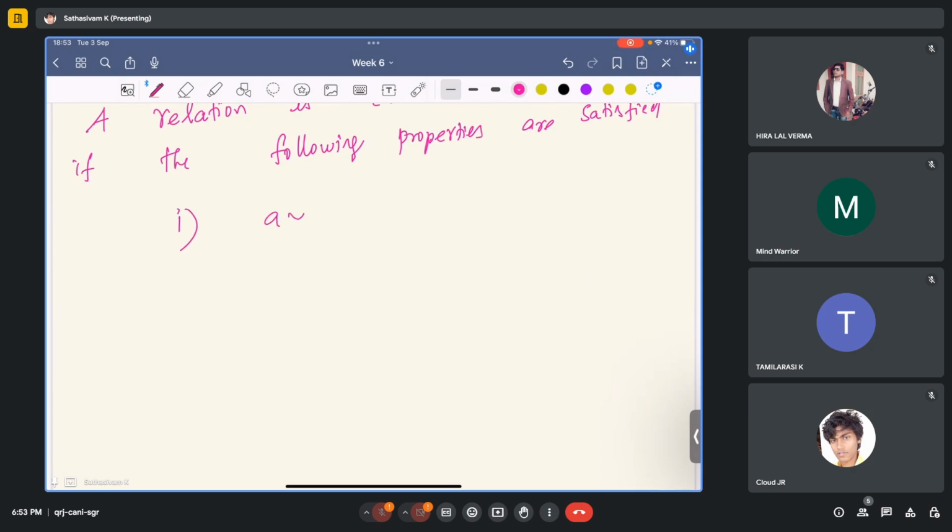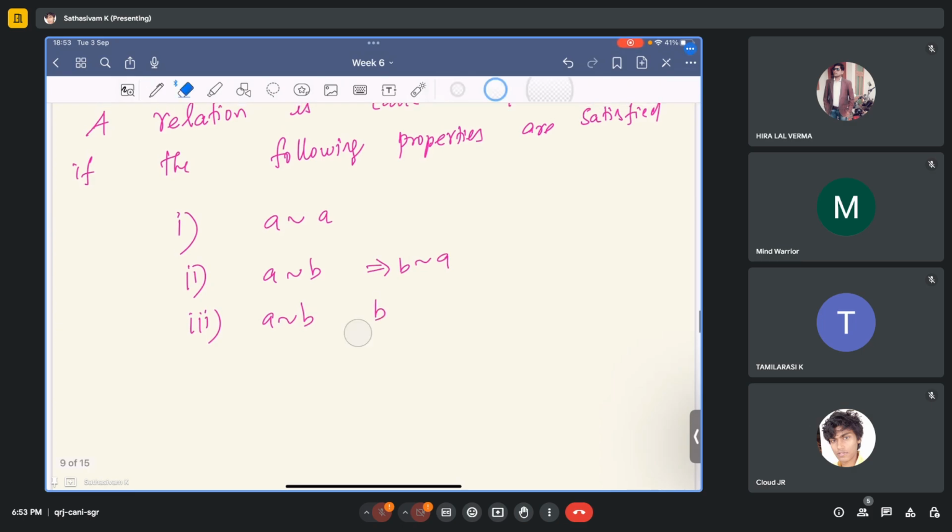The first property is A is related to A. The second property is A is related to B implies B is related to A. And the third property is if A is related to B and B is related to C, this must imply that A is related to C.